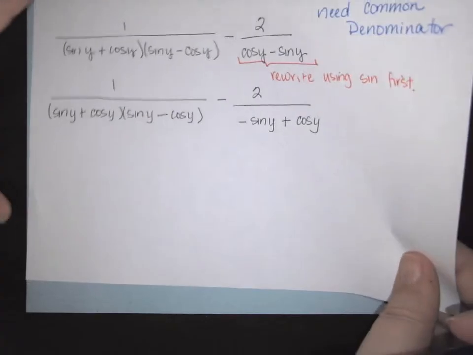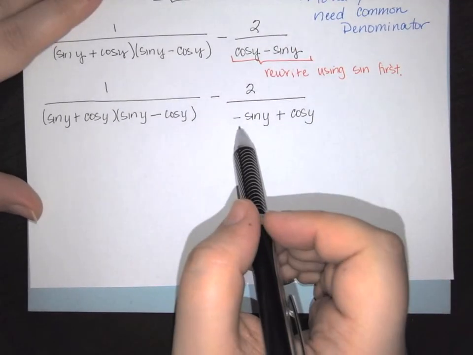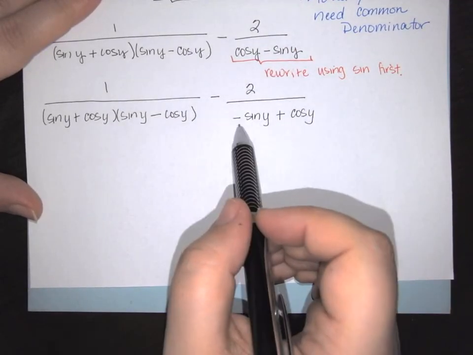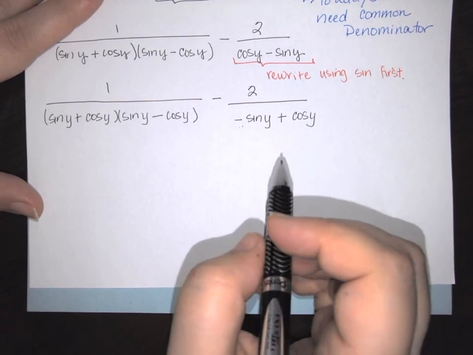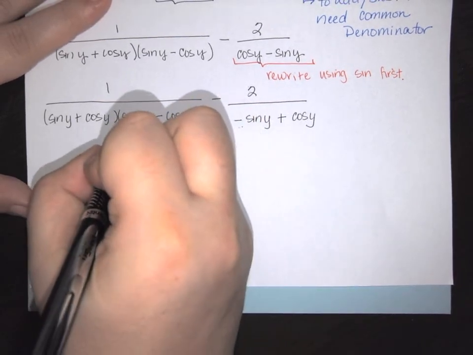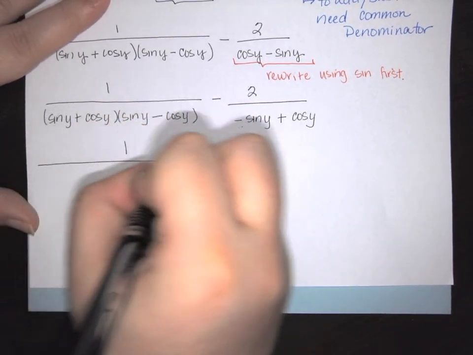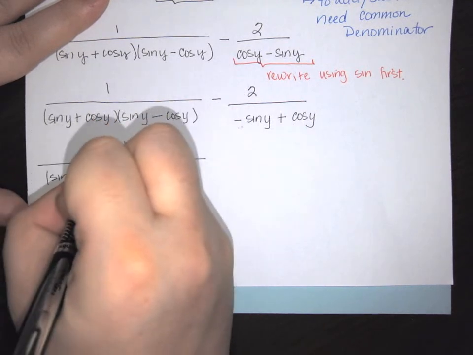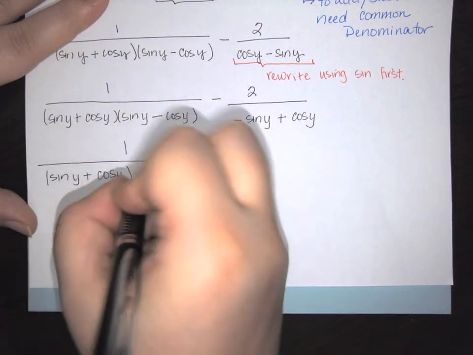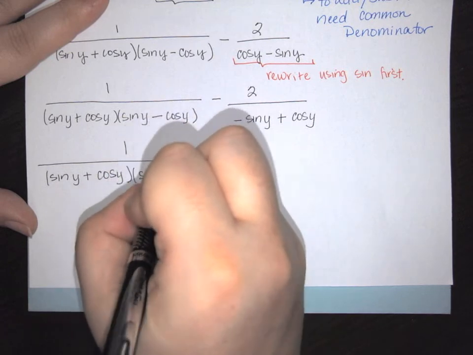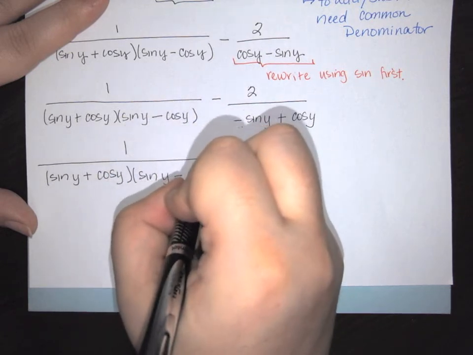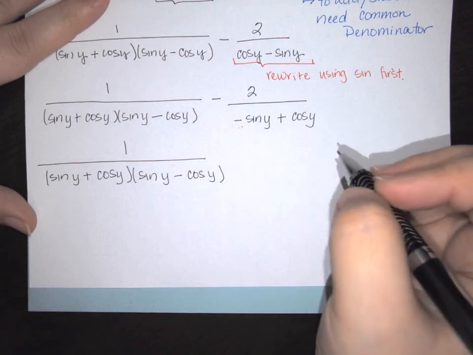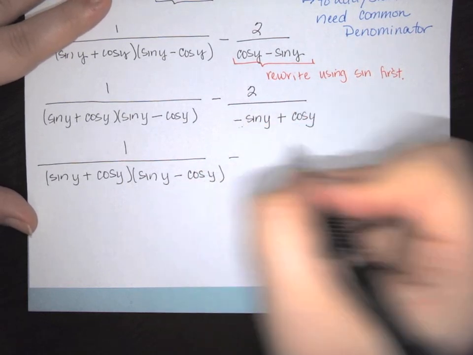Okay. Now with that, I want to go ahead and pull this negative out to make it a little bit easier to see. So my first fraction I'm still going to leave alone as the sine of y plus my cosine of y times my sine of y minus the cosine of y. This is still subtracting.